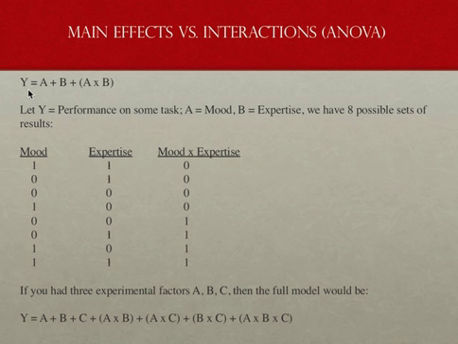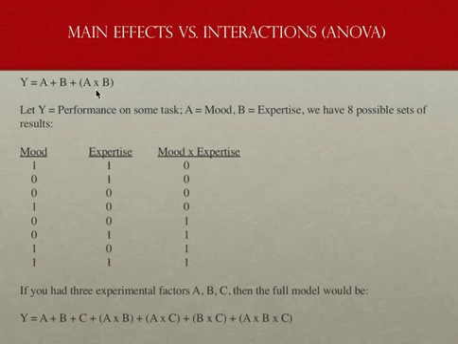So the dependent variable is a function of the main effect of mood plus the main effect of expertise plus the interaction effect between mood and expertise. And you may not know at this point what an interaction is. It'll become abundantly clear by the time that we're done with today's lecture.